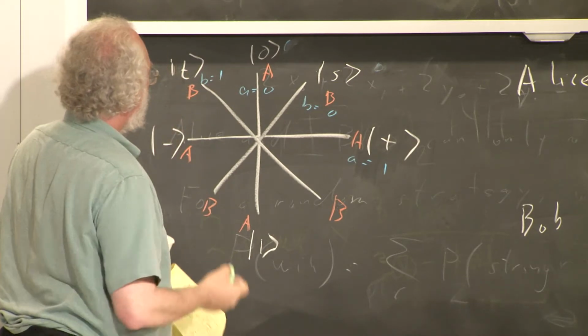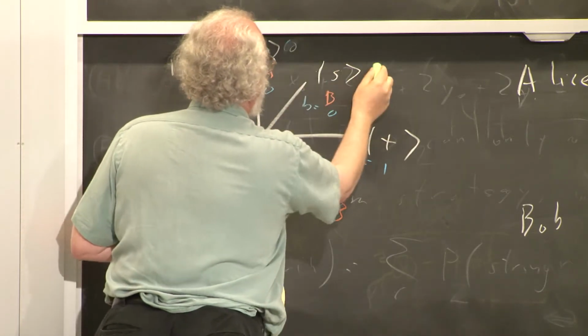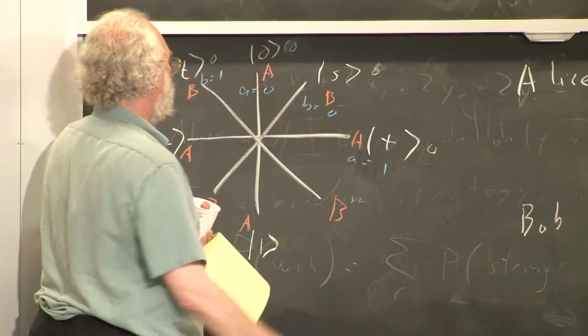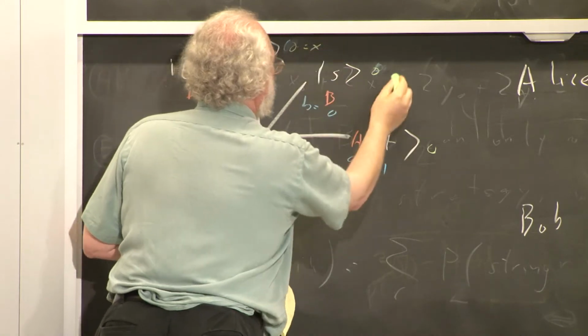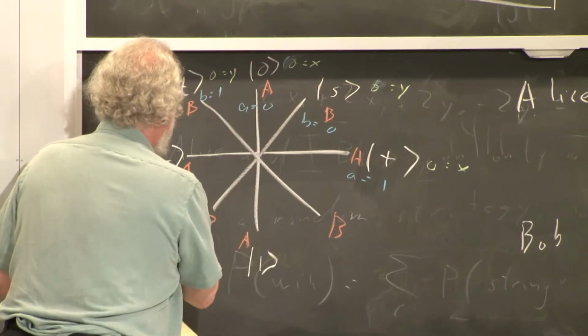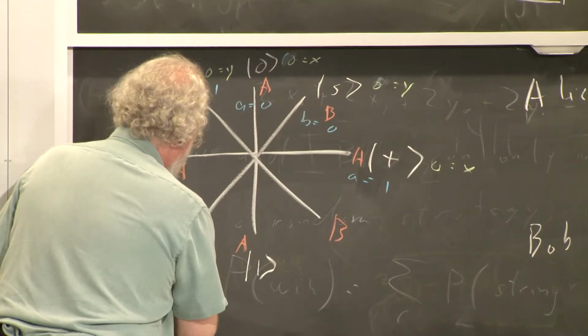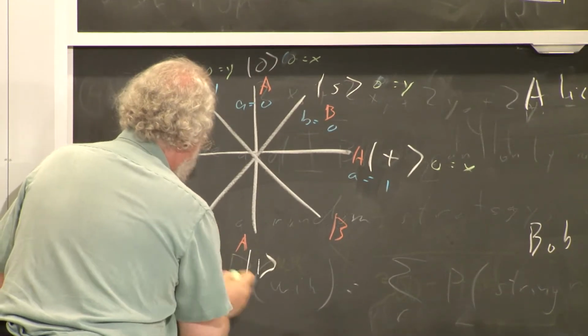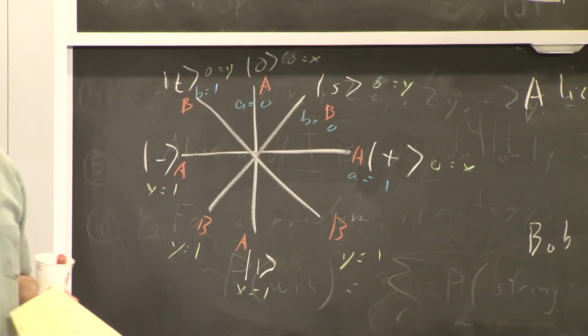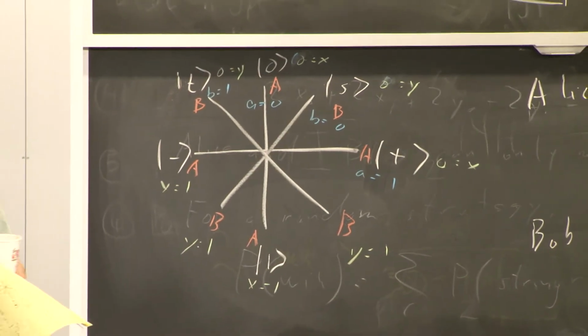And the outputs are going to be 0, 0, 0, 0. So this is X. This is Y. This is X. This is Y. X equals 1. Y equals 1. X equals 1. Y equals 1. So is this fairly clear?